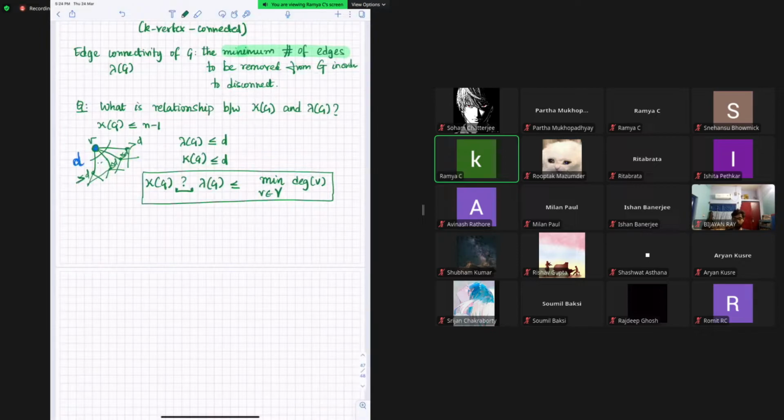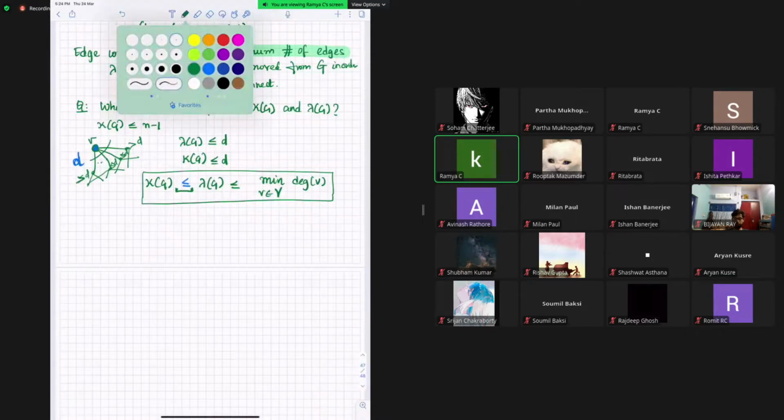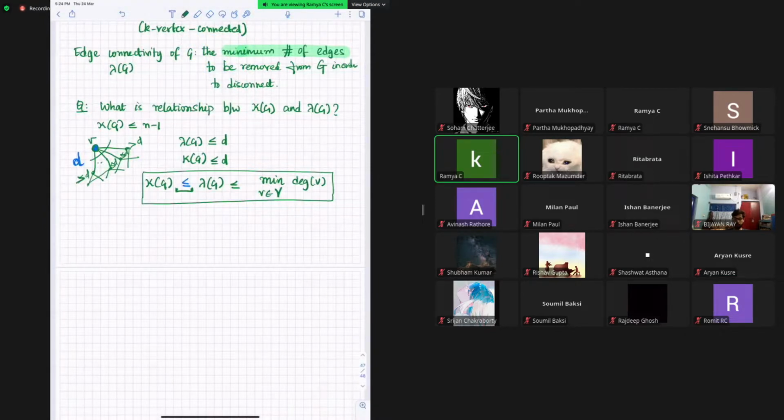Okay, so I will try to fill this up. So this is what we want to fill. The answer to this is less than or equal to. Right, so what do we mean by this? That is, if you have an edge set that separates the graph of size, let's say L, then you can also construct a set of vertices of size at most L whose removal will disconnect the graph.